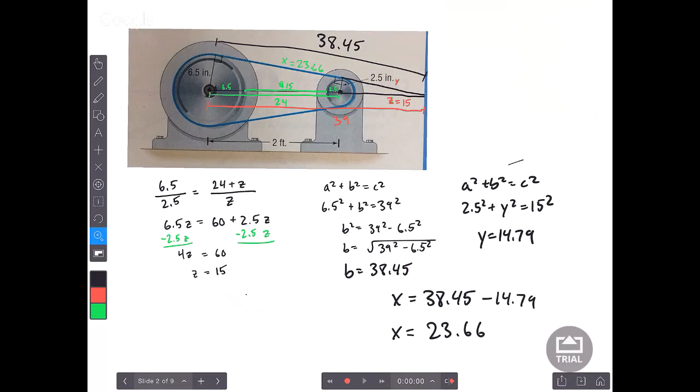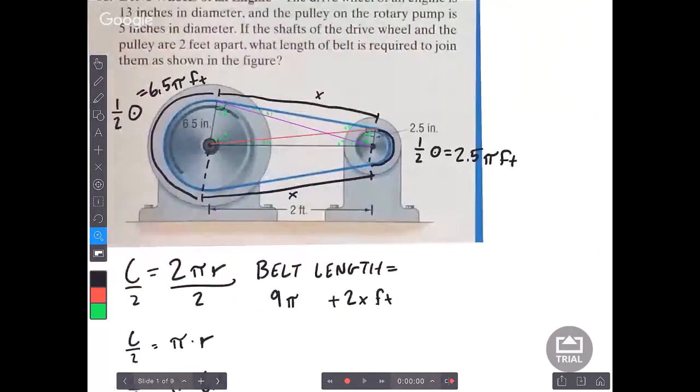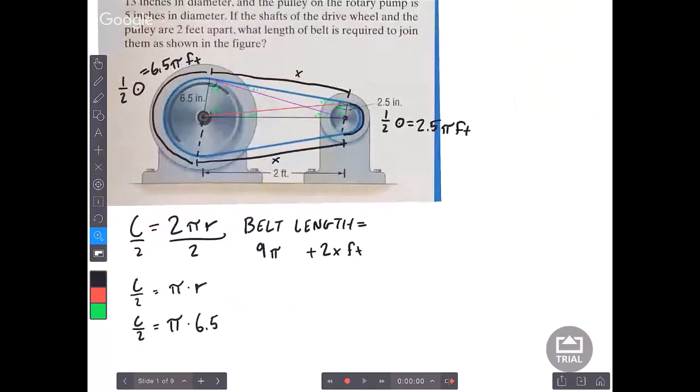But let's see, we got x. I'm going to leave this page. Did you all catch it? You maybe want to snap a shot on it or something like that? I don't know. You can go back and watch the video. You'll be fine. So I'm going to leave this page and come back here where we'd already developed these. We already broke down the problem into multiple parts where we said half circle, x, and another half circle. So we'd already gotten 9 pi plus 2x.